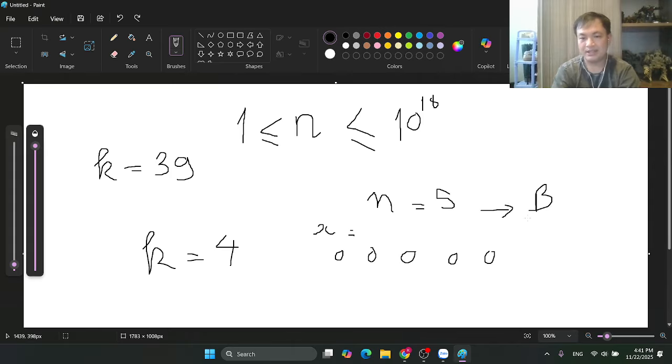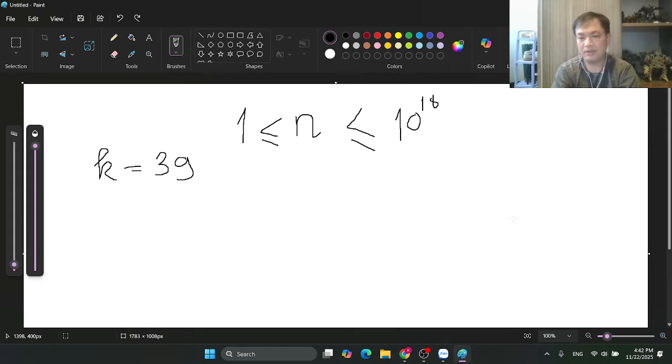B is the winner. So if you ask with n equal to 5, the judge will tell you B is the winner. I hope you understand this problem and how to solve it.